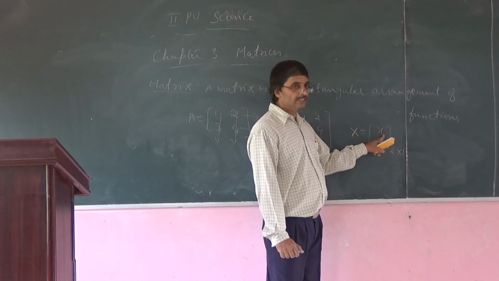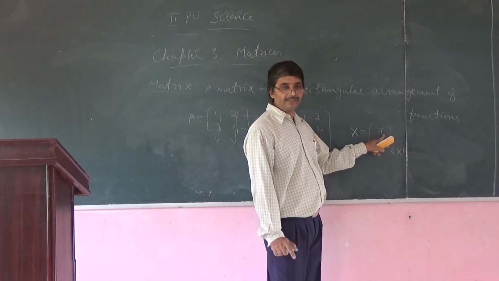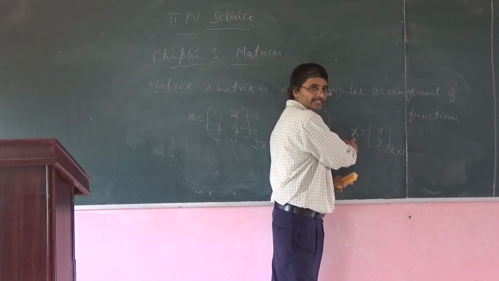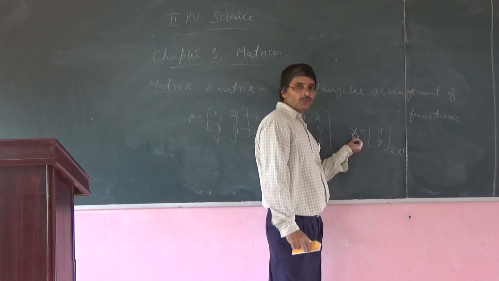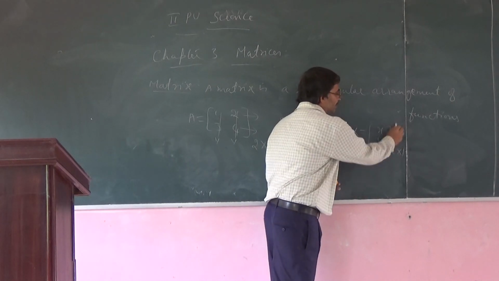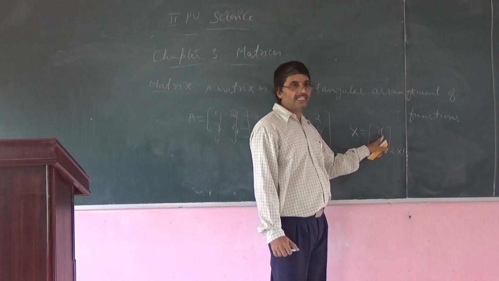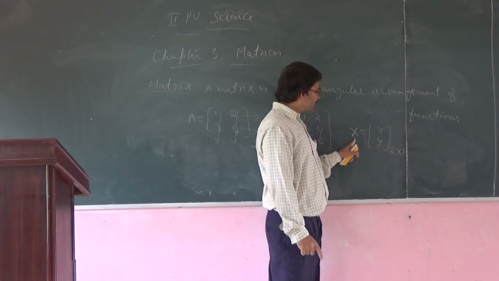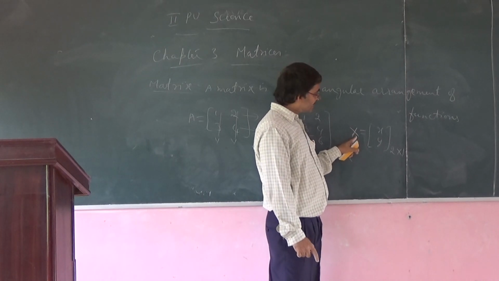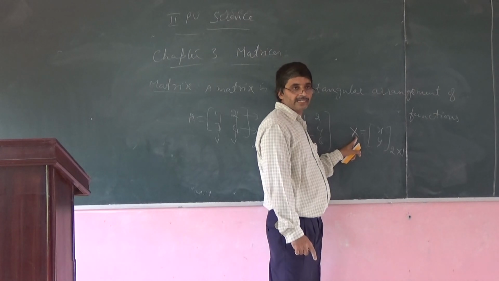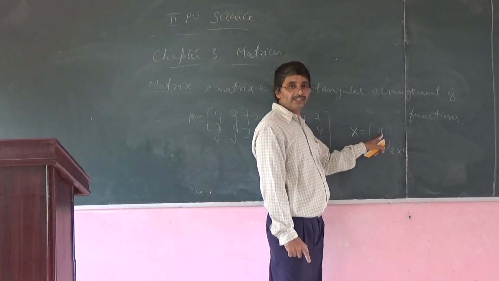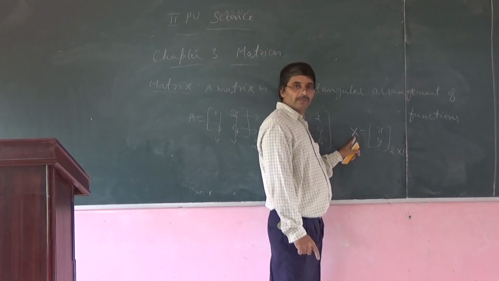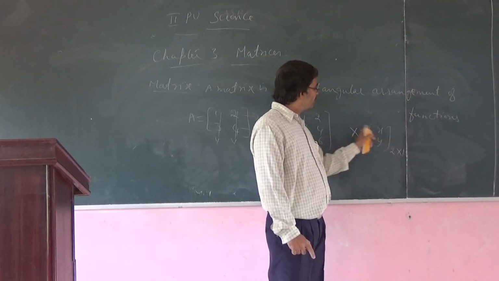Small x represents an element of matrix X. Capital X is used to represent this entire thing, the matrix, whereas small x tells you that it is an element of X. Similarly, y is also an element of the matrix X. So this is the point you have to remember.